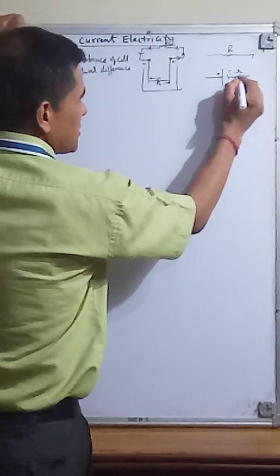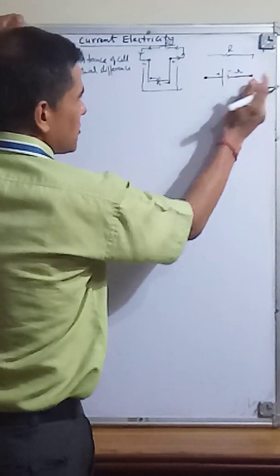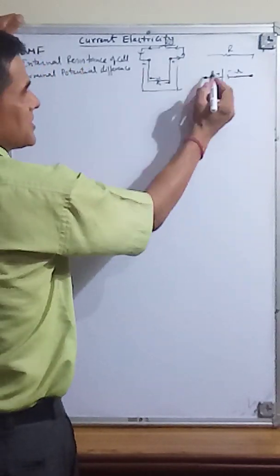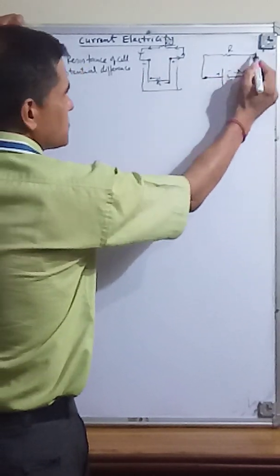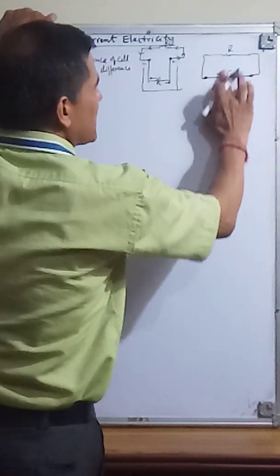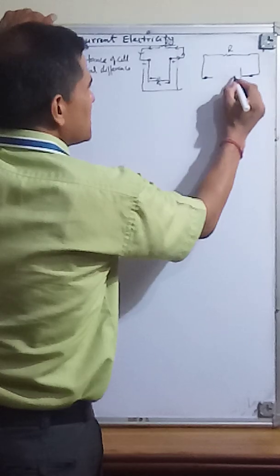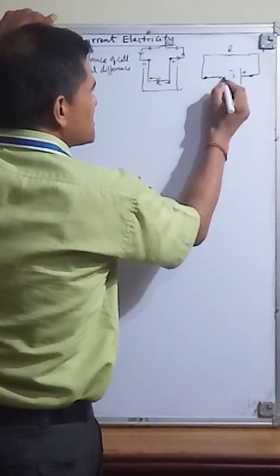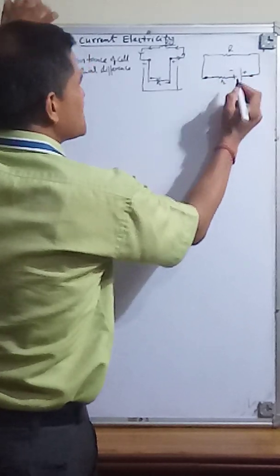These are the terminals of the cell where we take the connection. This is the negative terminal and this is the internal resistance r. So in a circuit we will show it like this.